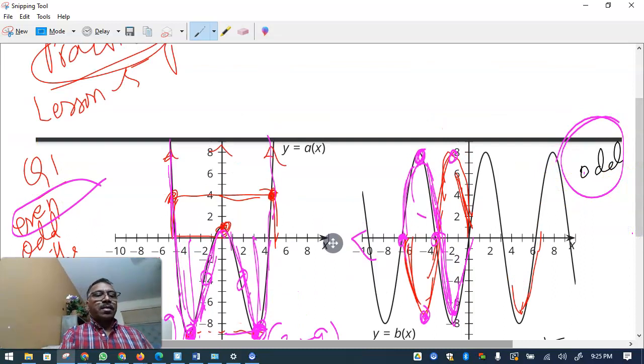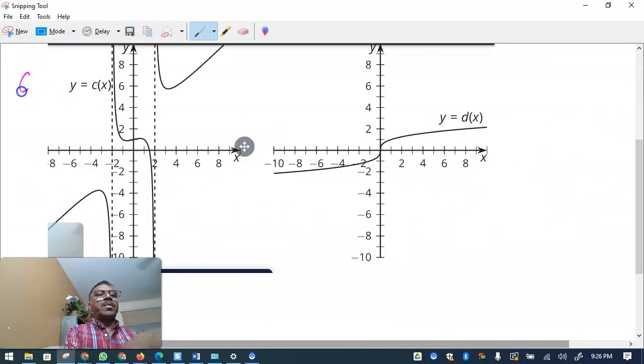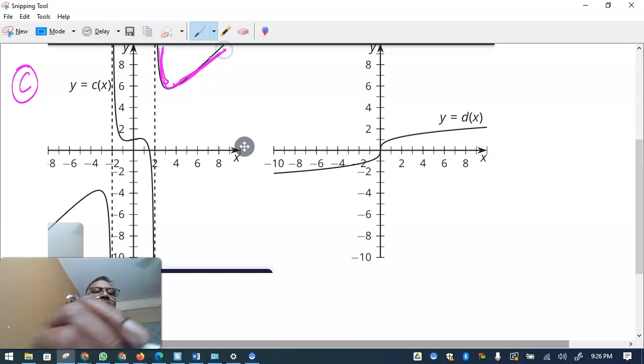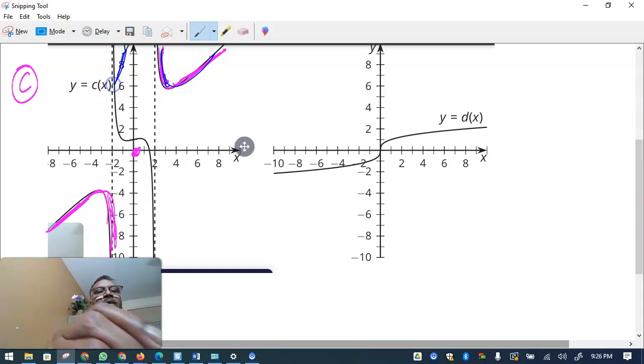Done. Okay, now this question, this is the C part. Look at this graph. It looks like this graph which you see here is a reflection over the point. This part is fine, right? You may ask how, and you can easily see, if this is the original graph, the reflection over the y-axis will be something like this.